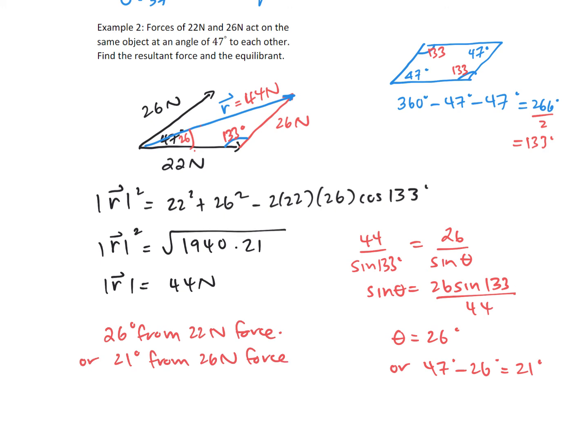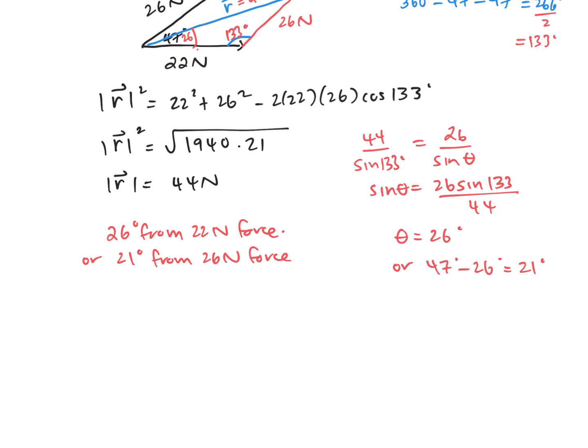And then it asks for the equilibrant. So remember that the equilibrant is going to be opposite the resultant. So here's my original. Here's my resultant. And we found that angle to be 26. The equilibrant would be same magnitude, opposite direction, so we'll just call that E. And if I were talking about the equilibrant from the 22 Newton force, it would be all the way around to here.